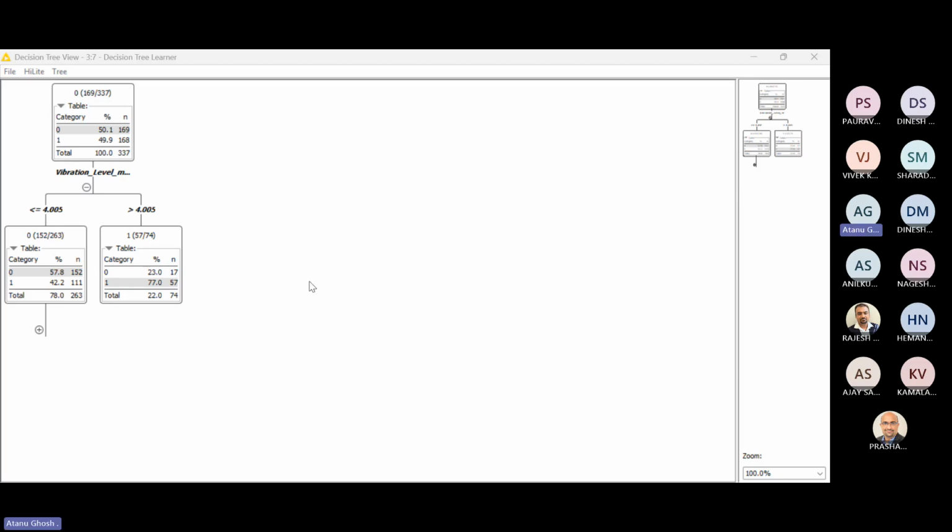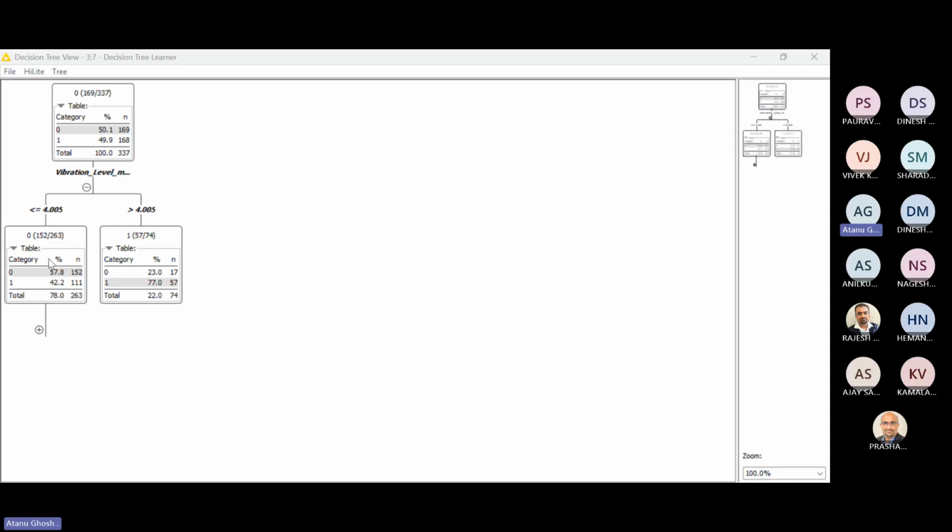Only when we see that the probability of the machine failure is more than 95%, we'll take action. 77% is not good enough for me to take the action. So ideally, I would have liked the model to branch further, take one more attribute and then again branch further and get me a higher percentage, which it has, for example, done in the other case.